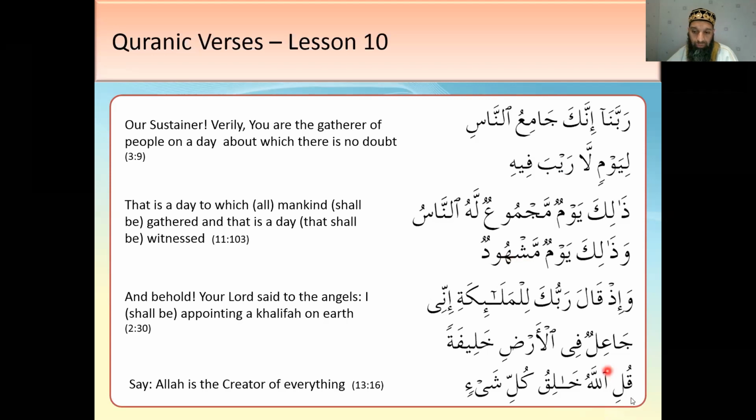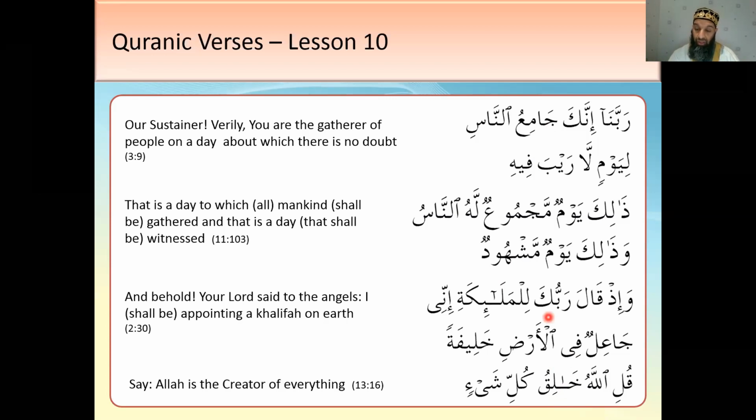Look at this one. Qul, say, Allah, Khaliqu. It looks a bit different here, but that alif is the same as in jami'u. It's the same thing that's going on. Khaliqu, creator. Khalaqa means he created, khaliqun is creator.